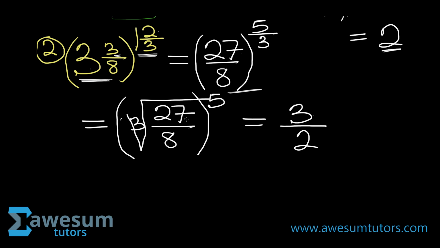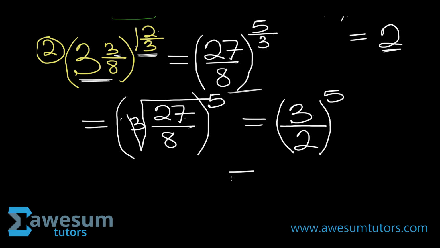Therefore, the cube root of 27 is 3. If I multiply 2 by itself 3 times, it's going to give me 8. Therefore, the cube root of 8 is 2. Very good, guys. And then I will put raised to the power of 5.